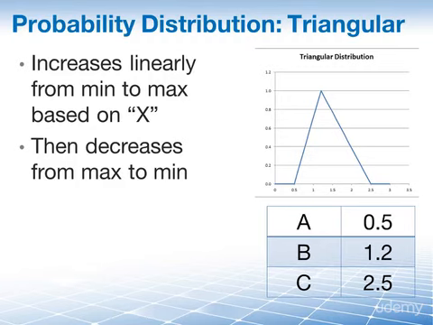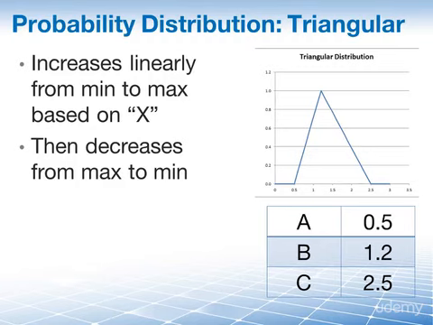So your geologists may come back with this analysis based on a selected spot. A is defined as the minimum, so that is 0.5 million barrels. C is defined as the peak, 2.5 million barrels, and B is defined as the most likely probability at 1.2 million barrels.